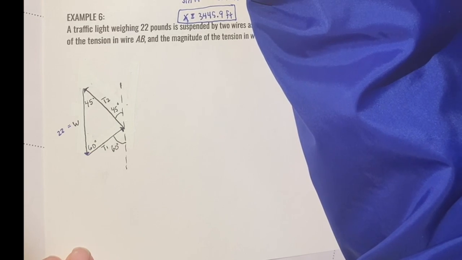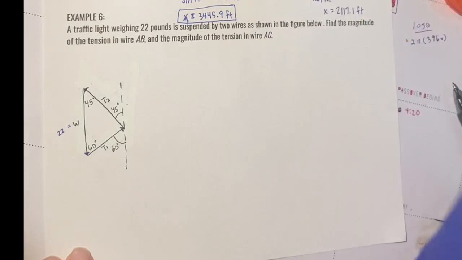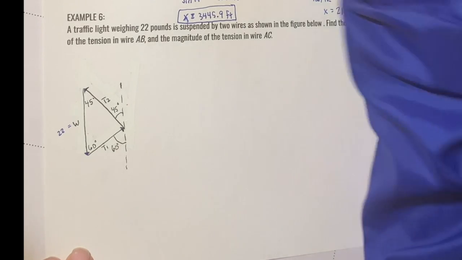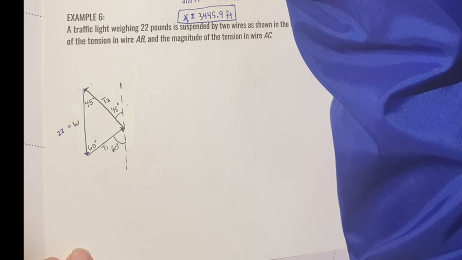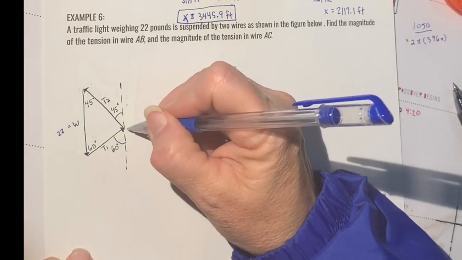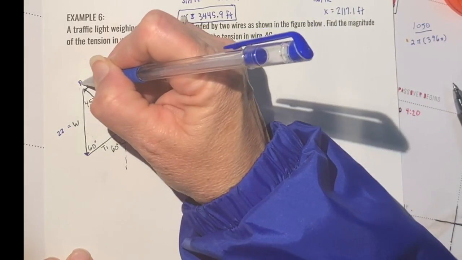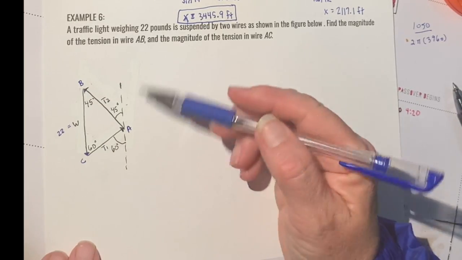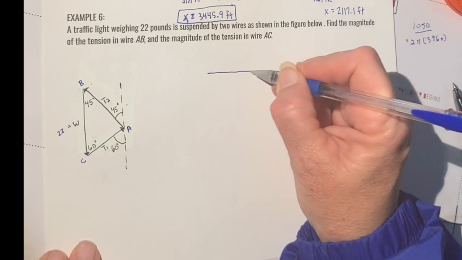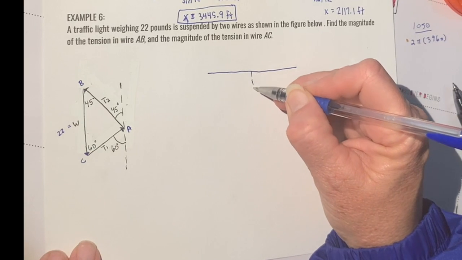All right, so we are looking for the magnitude of the tension in wire AB, which is T2. So this is A, B. All right, so the original drawing, let me kind of draw that so you can see that. So here was the traffic light.